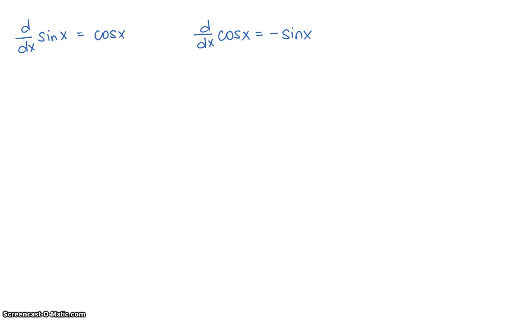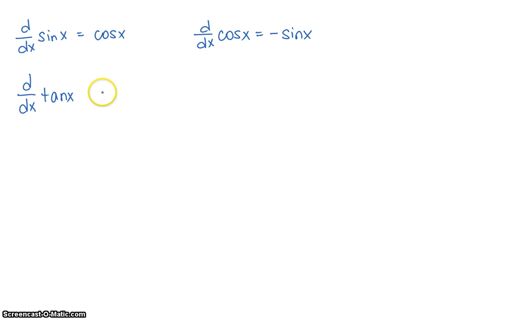Now the remaining trigonometric functions can all be figured out just by using the sine and the cosine functions. If we look at the derivative with respect to x of tan of x, well, tan of x is the same thing as sine over cos.